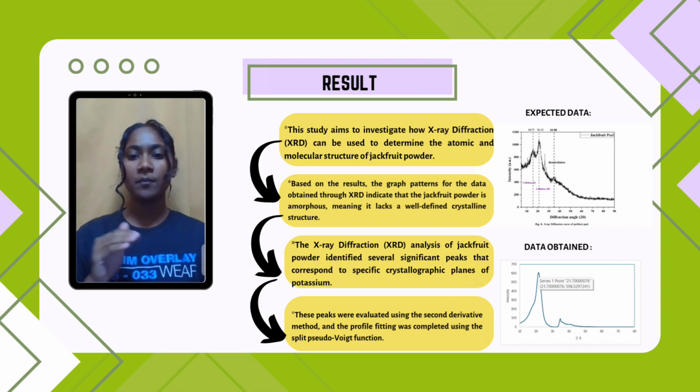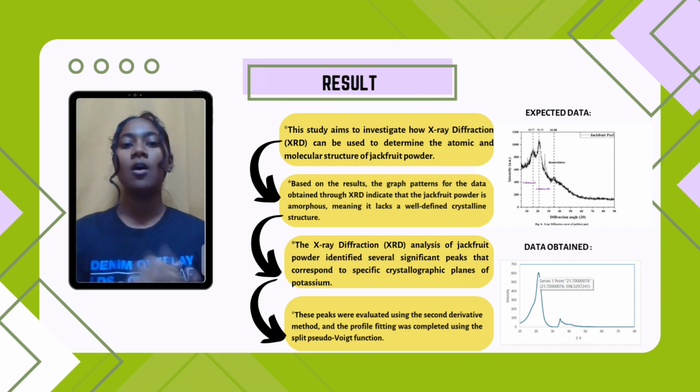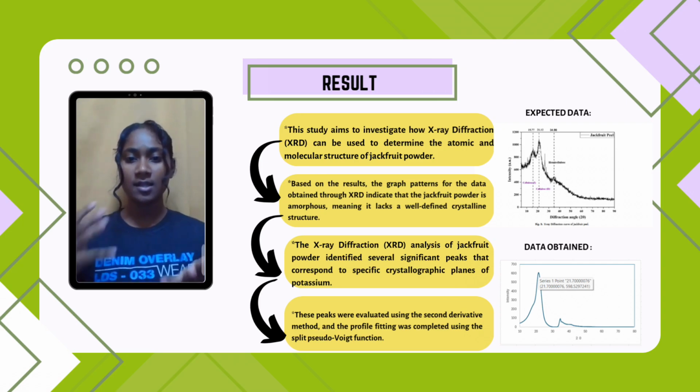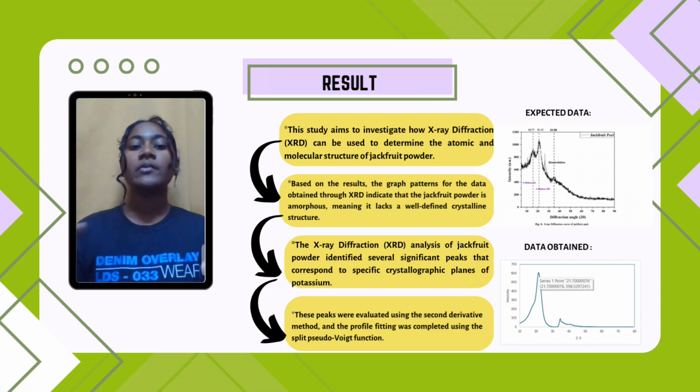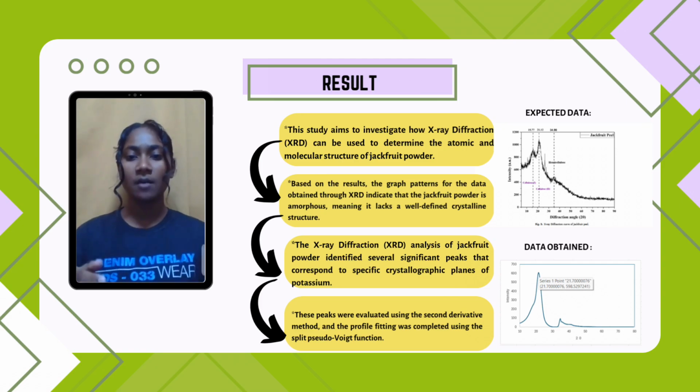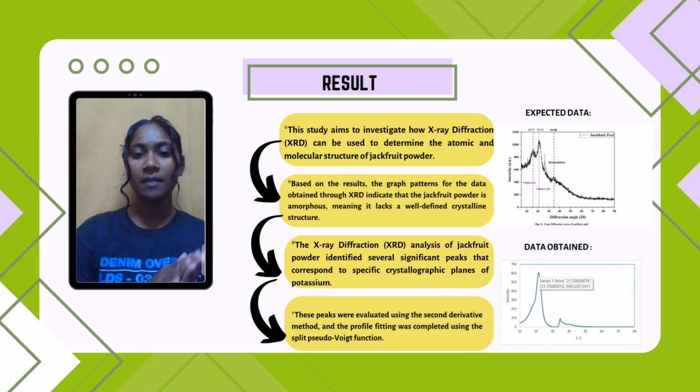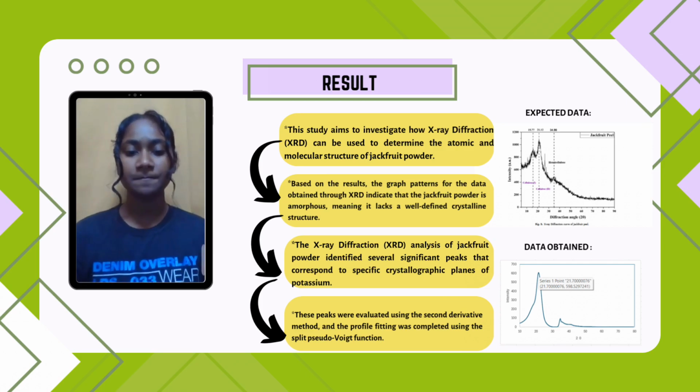Interestingly, jackfruit peel is made up of 85% crystalline region and 15% amorphous region.